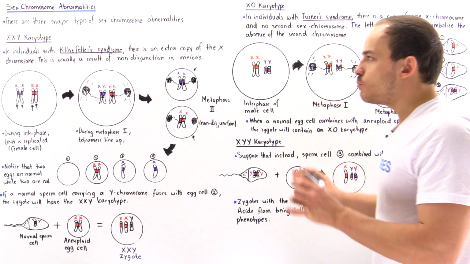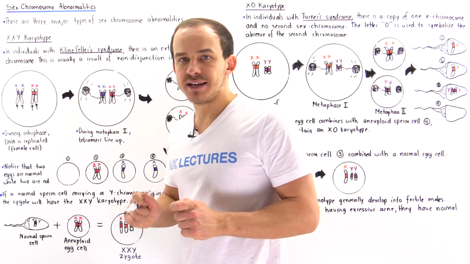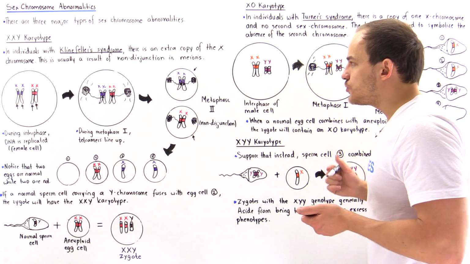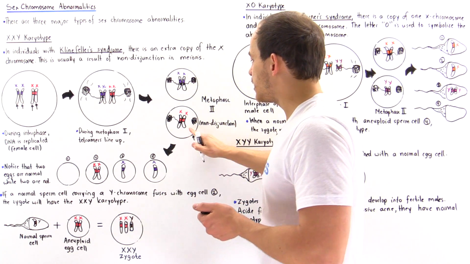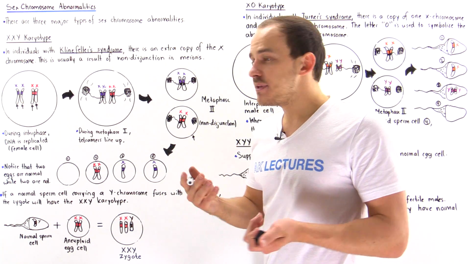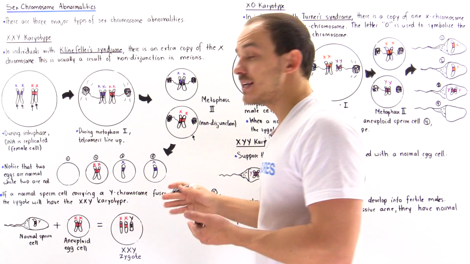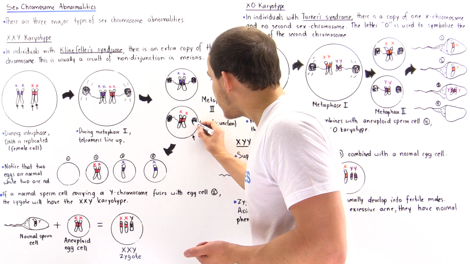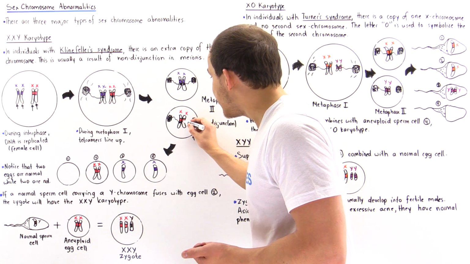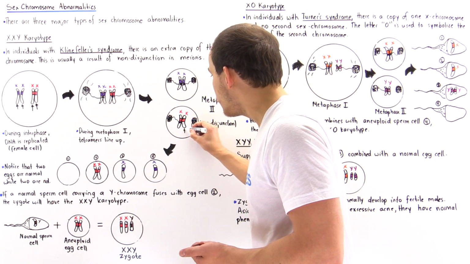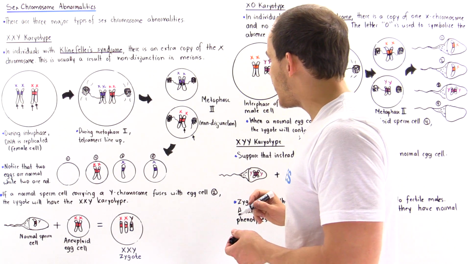Now, let's assume non-disjunction takes place, and let's say that non-disjunction takes place within this cell. So what happens is this centriole fails to extend the fiber, and that bonding between the fiber and this particular sister chromatid fails to take place.